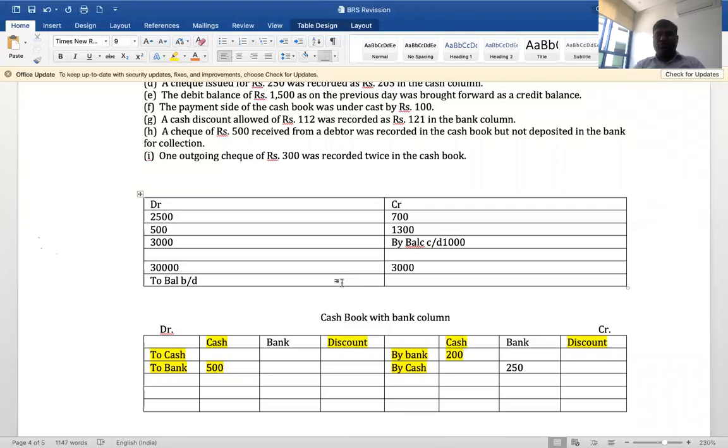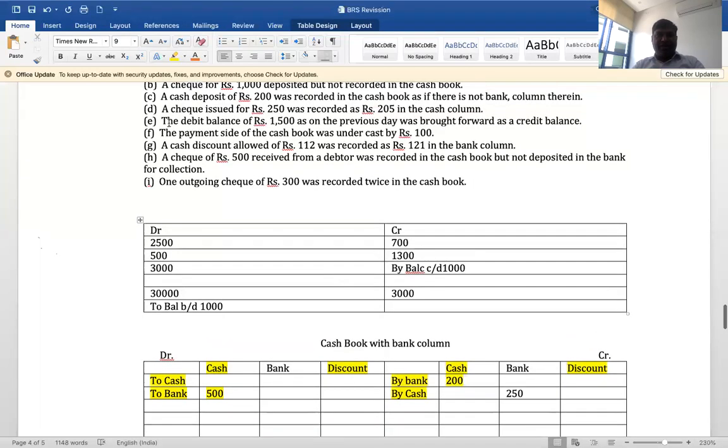As 1000. Now the debit balance of 1500: is it a debit balance or a credit balance? Debit balance. How do you say that? The debit side is more than the credit side. Simple. Now I'll replace it with 1500, just for convenience.